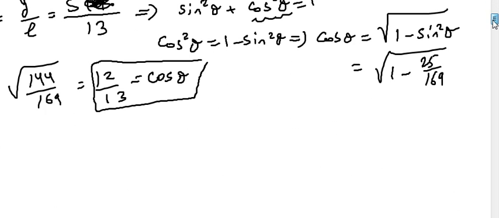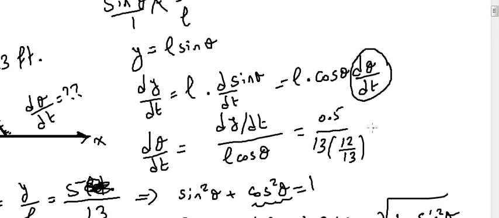So that is half over 13, the 13s cancel, over 12. In other words, times 2, it will be 1 over 24. This is my final answer, in radians per second, because it's the change of theta with respect to time. And that's it.